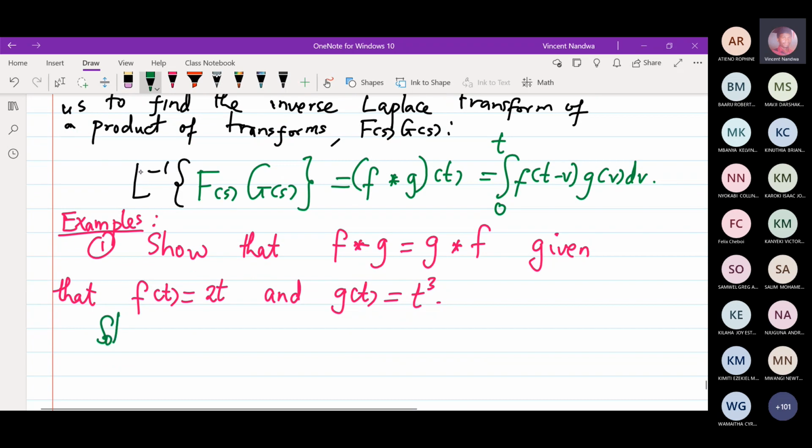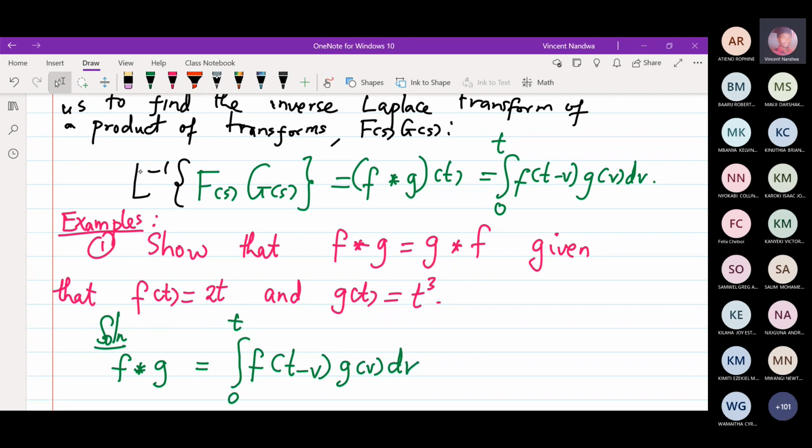So remember, everything comes from definition. To find the convolution of f and g, it is the integral from 0 to t of f of t minus v multiplied by g of v dv. This is by definition.